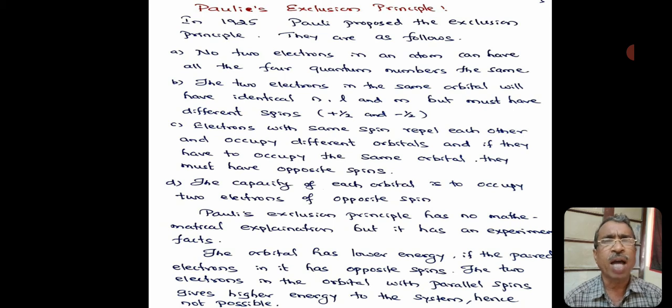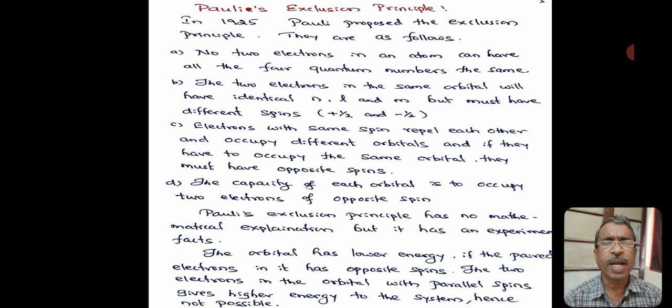The other ways are: two electrons in the same orbital will have identical n, l and m but must have different spins, either plus half or minus half.